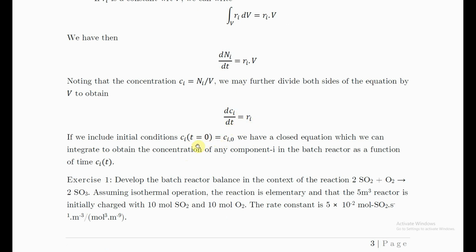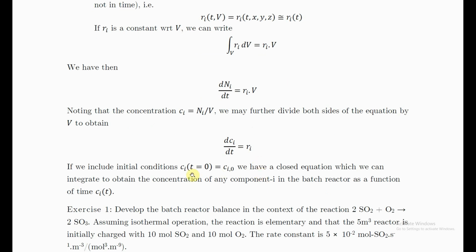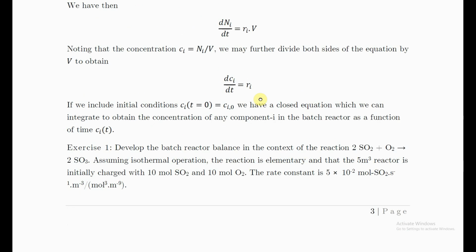And if we know the concentration of component i at some instant in time, so let's say Ci0 was our initial concentration in the reactor, then that's our initial condition, and we can solve this equation and get the concentration as a function of time in that reactor.